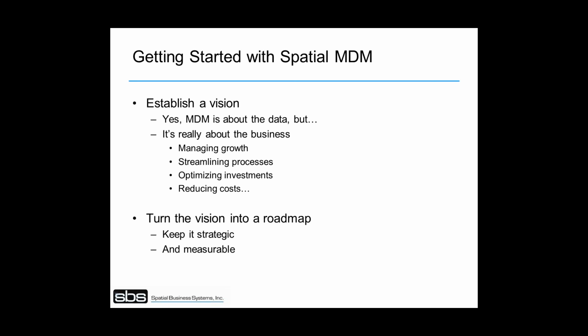This is one of those businesses where it's very easy to get into details of systems and network models and data models and such, but keep your vision strategic and keep it measurable so you can show benefits and how it's going to be aligning with the major shifts in technology that will be happening, which we know are things around mobile and Internet of Things and big data and all the other things that we are dealing with in our world of spatial information technology.